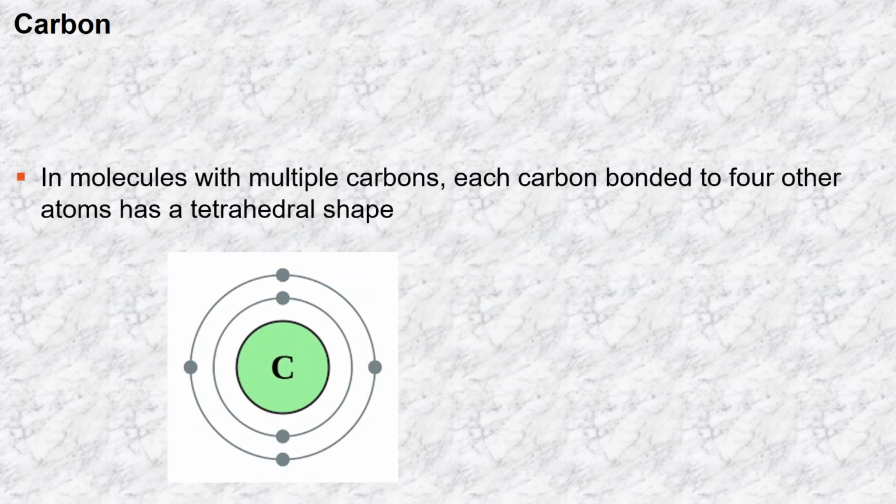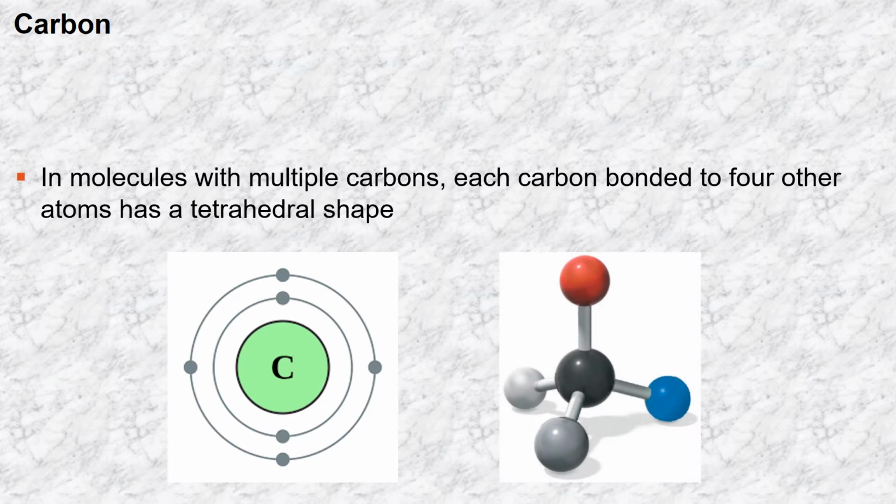So let's talk about carbon again. Remember, the electron configuration of the atoms within elements determines the type of bond and the number of bonds an atom will form with other atoms. So remember, molecules with multiple carbons, each of these carbons is bonded to each other and to three other things.